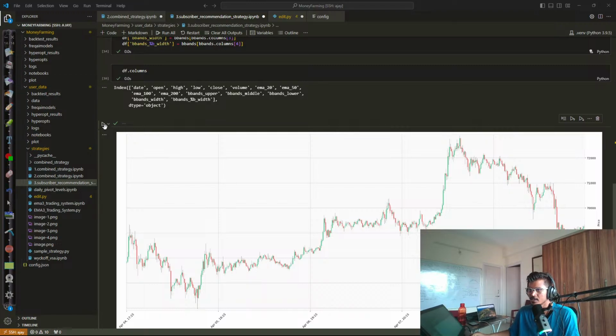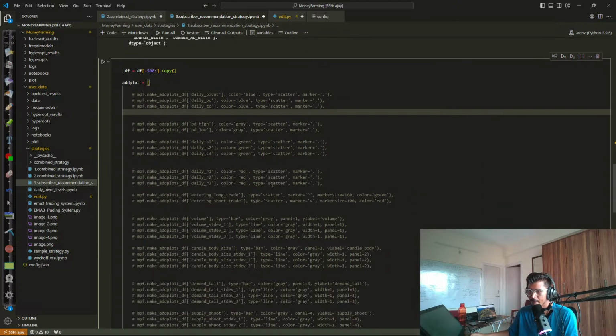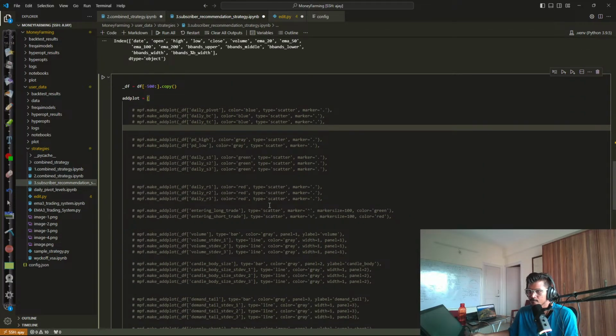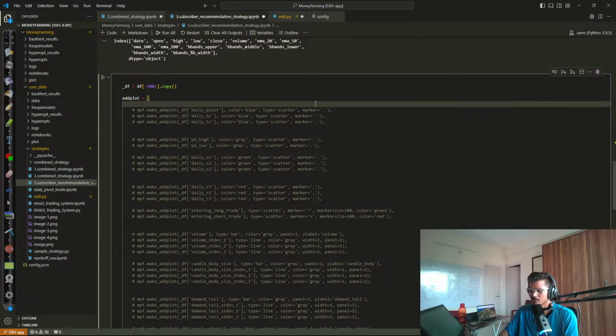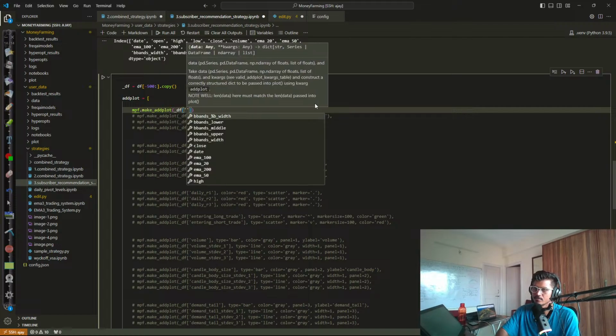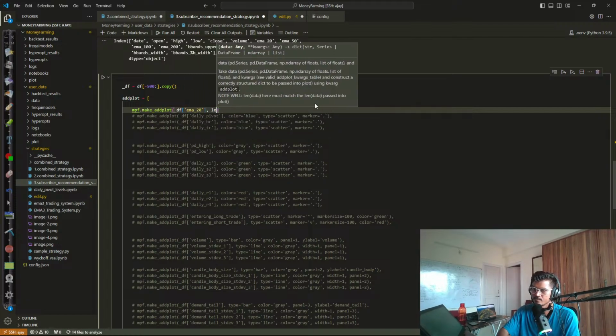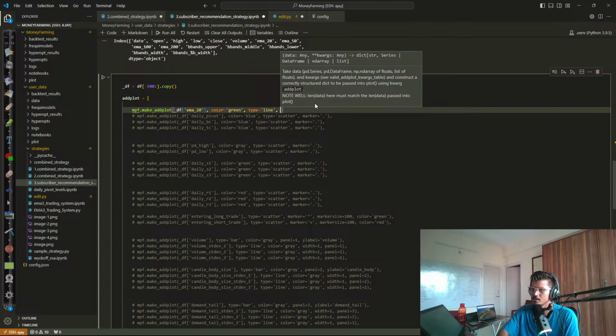So let's plot that. What I need is moving averages, right? So I'm just gonna take this. Here I'm gonna say mpf.make_addplot, EMA 20, color is green, type is line, and yeah, width is 1.